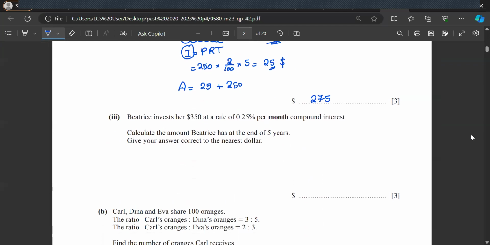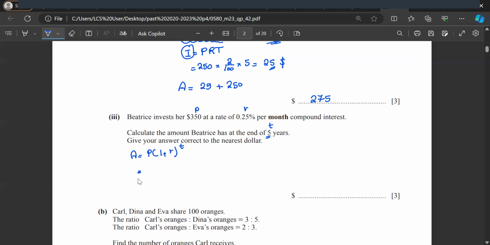Petrus invests 350, so this is the principal, at a rate of 0.25% per month. So this is the rate, compound interest, and I have T equal 5. What is the rule of compound interest? A equals P (1 plus R) power T. Till now, any problem?